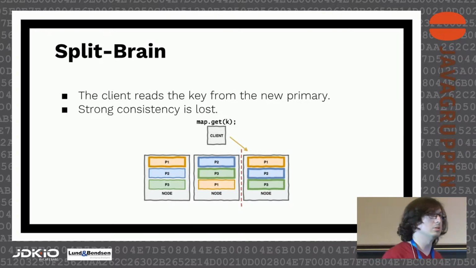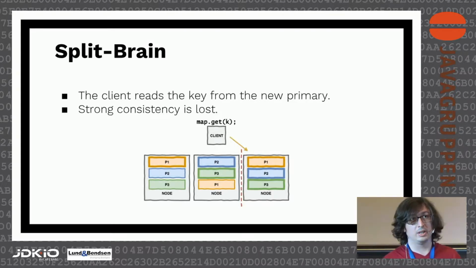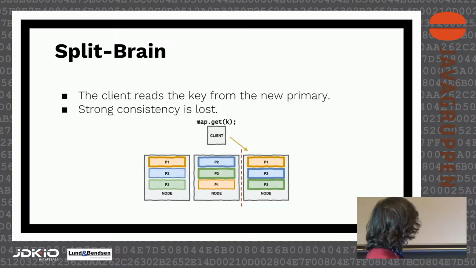In the other option, we allow this single node to elect its own primary replicas for these partitions and respond to the client. In Hazelcast, we choose the second option. So this node promotes its backups to the primary role and executes this operation.